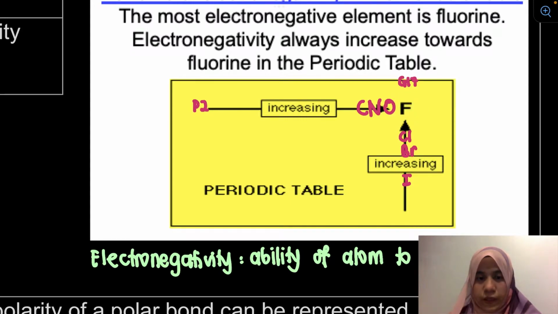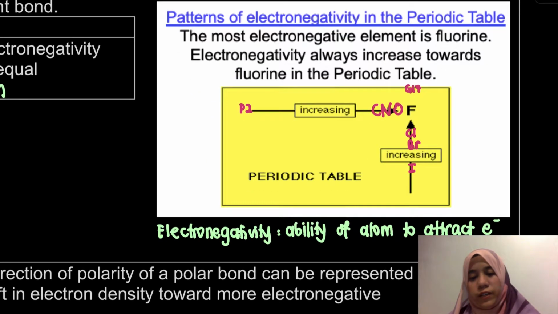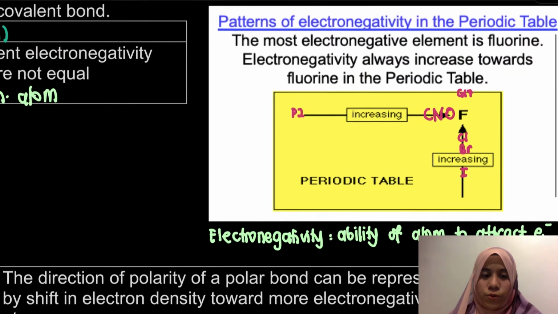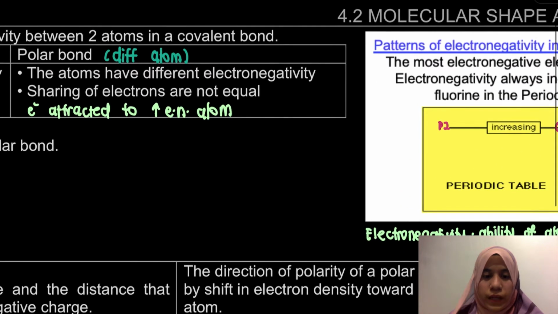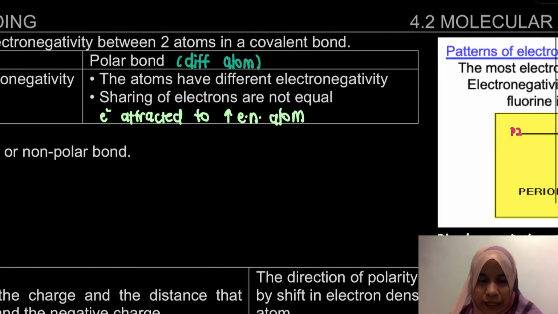Electronegativity is the ability of an atom to attract electrons. So when the atoms have different electronegativity, the electrons are attracted to the more electronegative atom, because a more electronegative atom attracts electrons more easily to achieve octet. We will look at that later.